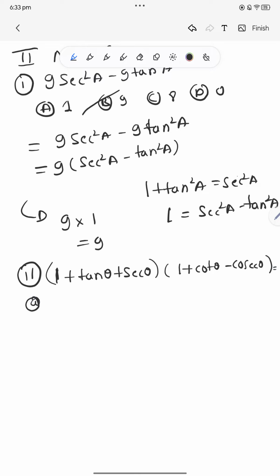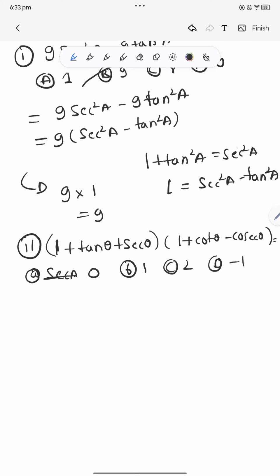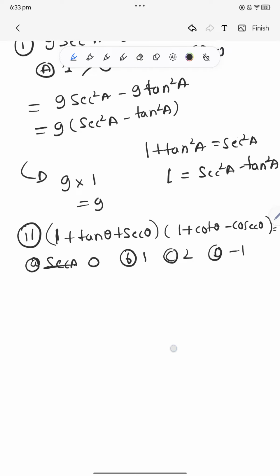Options are option A 0, option B 1, option C 2, option D minus 1. So here what you have to do is assume a theta value, then substitute the value in this. You have to bring an answer.